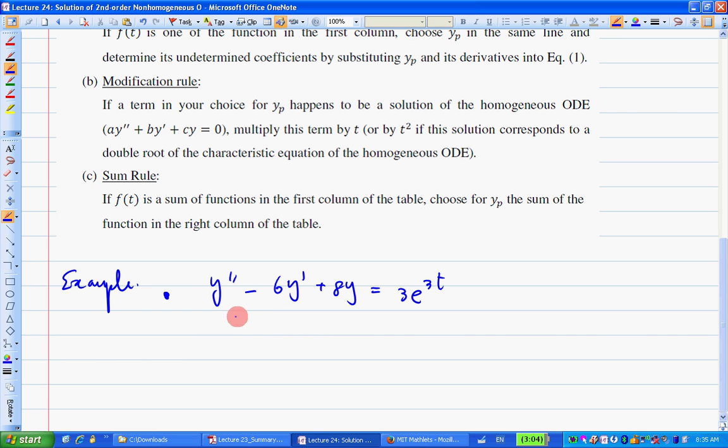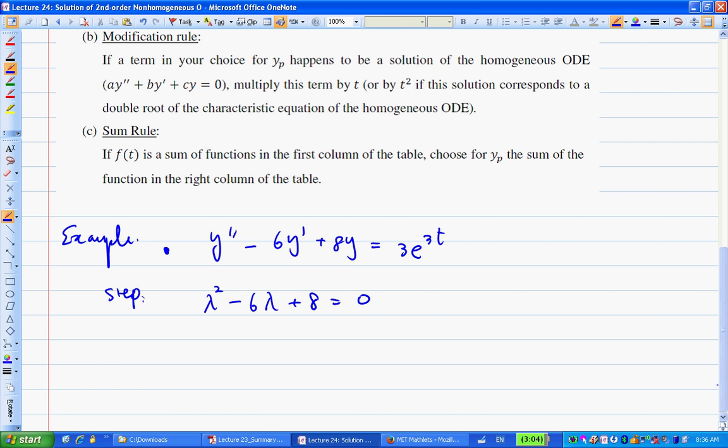So the first step is always to lay down the characteristic equation, which is lambda squared minus 6 lambda plus 8 equal to 0. You need the solution for the lambda to get the expression for the yh.